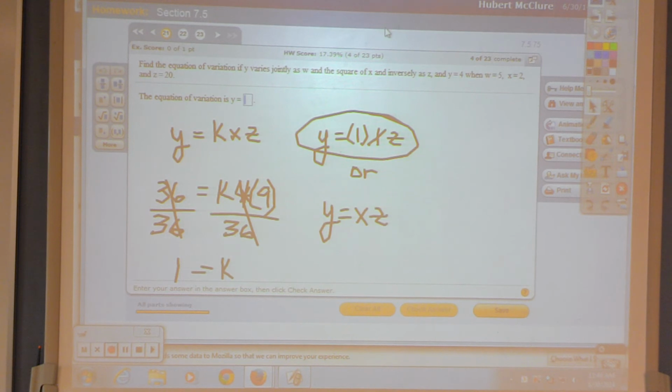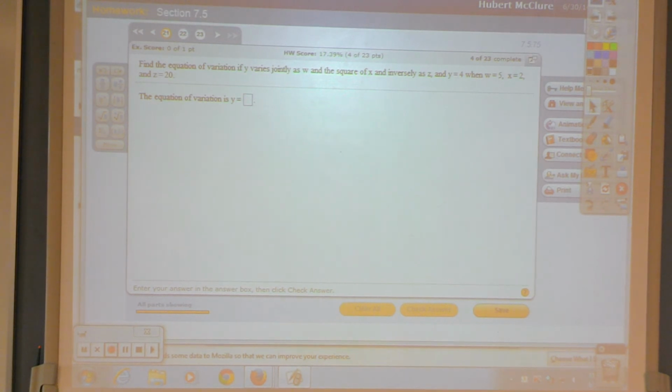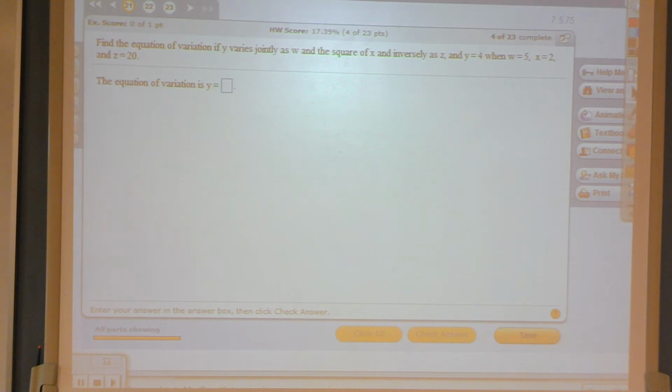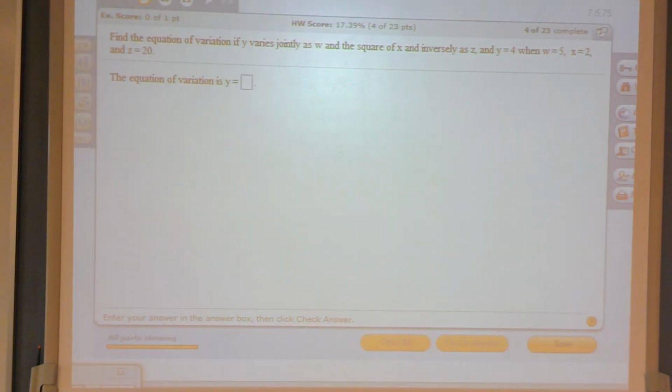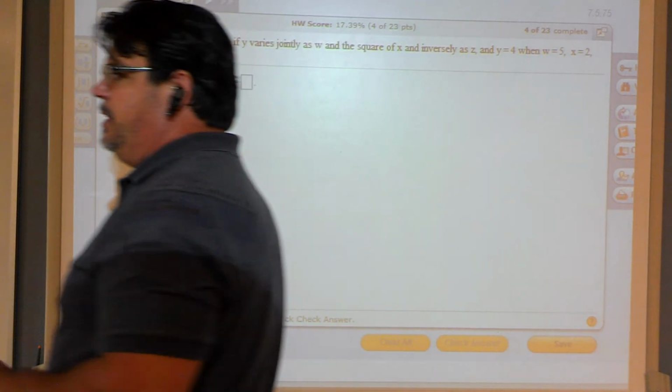Alright, here is one that I want you to work on. I'll blow it up. And this is a part 1, 2, and 3, I think. I don't know, maybe just part 1. Jointly and inversely. So it's going to use 2 of your equations.